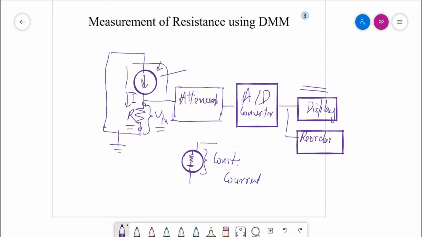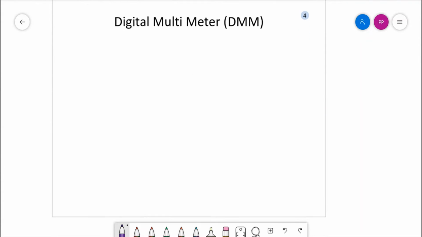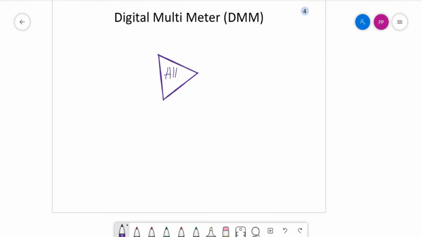So let us now understand how the DVM is encapsulating all this in one unit. So here in the DVM, let me draw the circuit first, then we'll discuss how it works. So first we have attenuator. Attenuator, I'm writing in short for the sake of saving time.